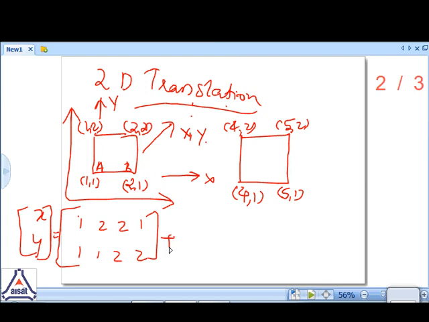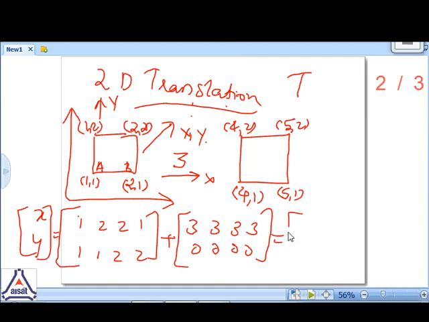That matrix is known as the translation matrix, represented by capital T. So what is capital T? I already said that we are adding 3 units to the x coordinates, shifting this square 3 units only in x direction. This translation matrix has x coordinates and y coordinates, and only the x coordinates have value 3 and all y coordinates are 0.